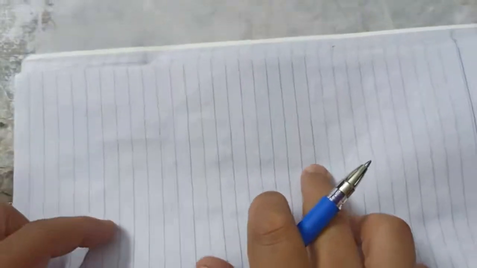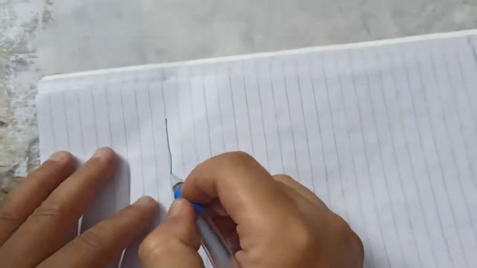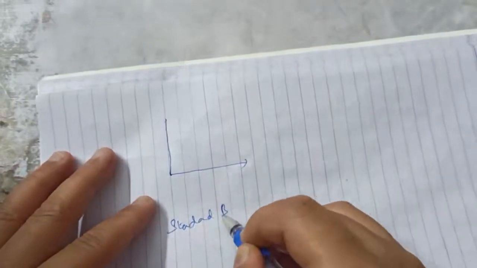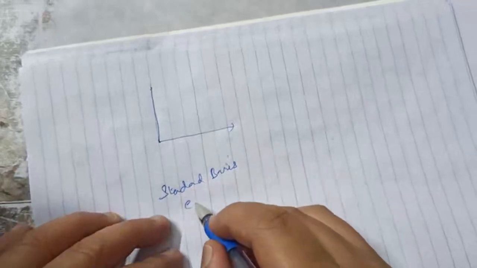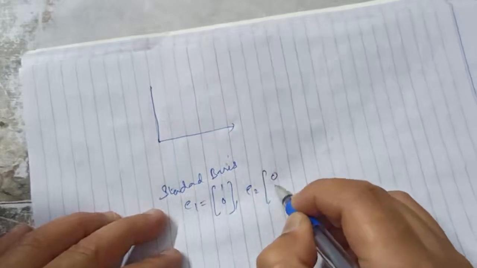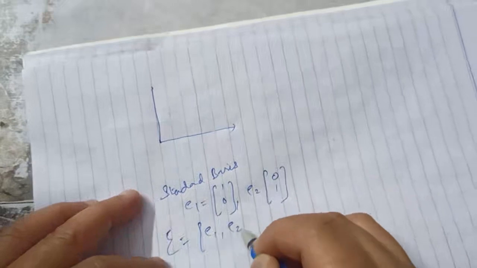Okay, now similarly, we can have a graphical view of the example we just covered, right? So if I am looking at the standard basis, we know from our theory earlier that the standard basis is E1 equal to (1, 0) and E2 equal to (0, 1), or we call this epsilon, E1 and E2, right?